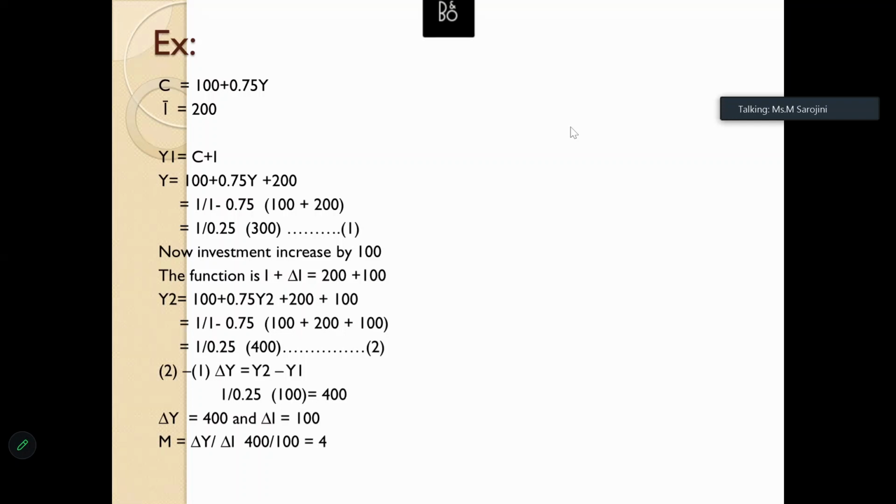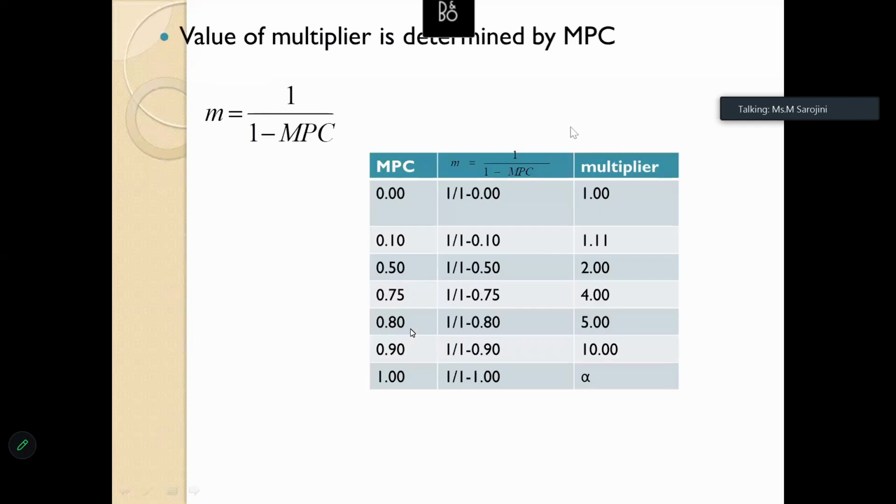This 4 is the investment multiplier, right? Also, you can calculate the investment multiplier using this method, or using our previous information as well, right? Is it clear? Is it okay? Yes, ma'am.